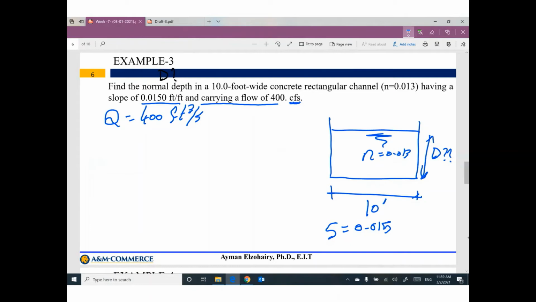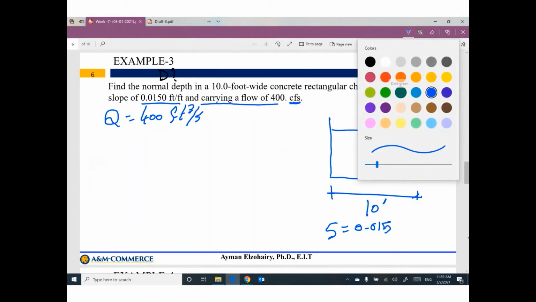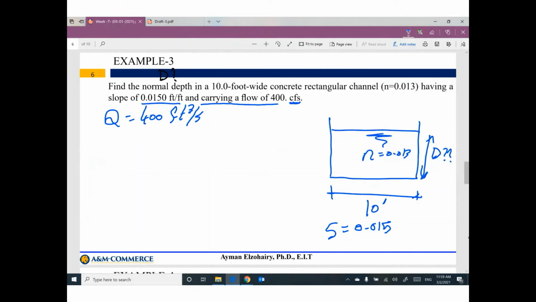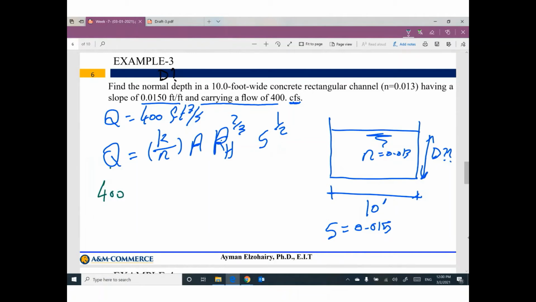Wow, how can we do this? Also the Manning equation. Discharge equals K divided by N, area, RH to power 2/3, S to power 1/2. Let's do it one by one. Q is given, 400.